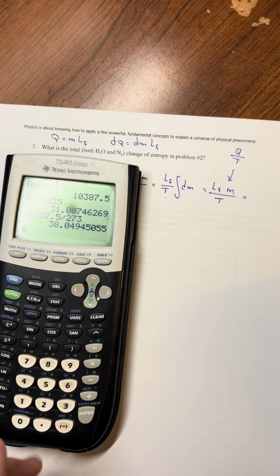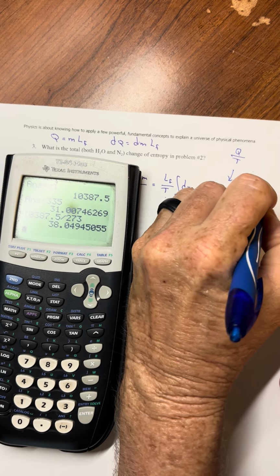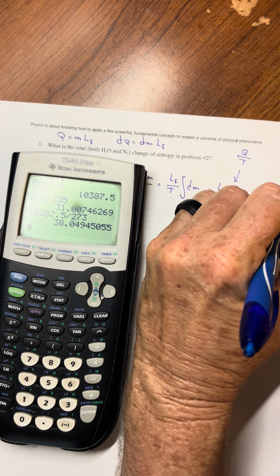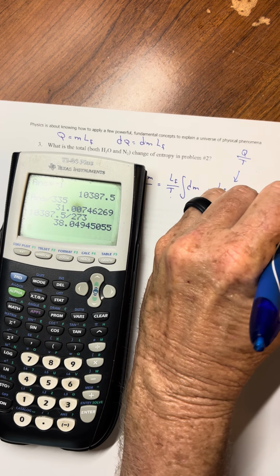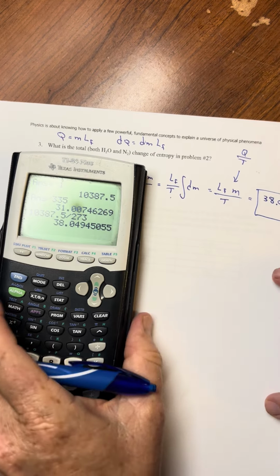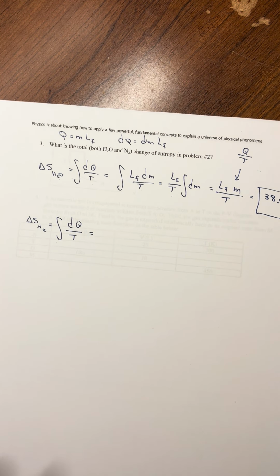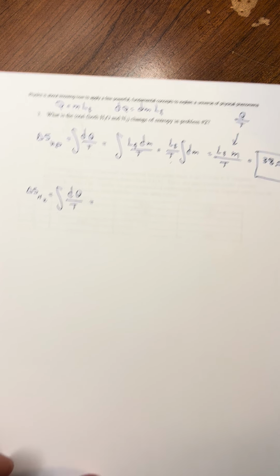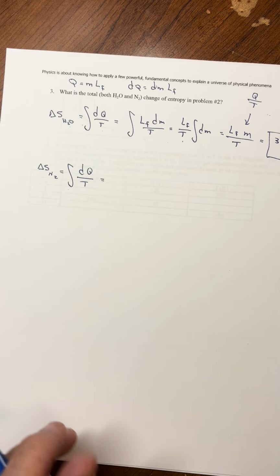I get 38.0 joule over Kelvin for the change of entropy then of the little ice crystals.